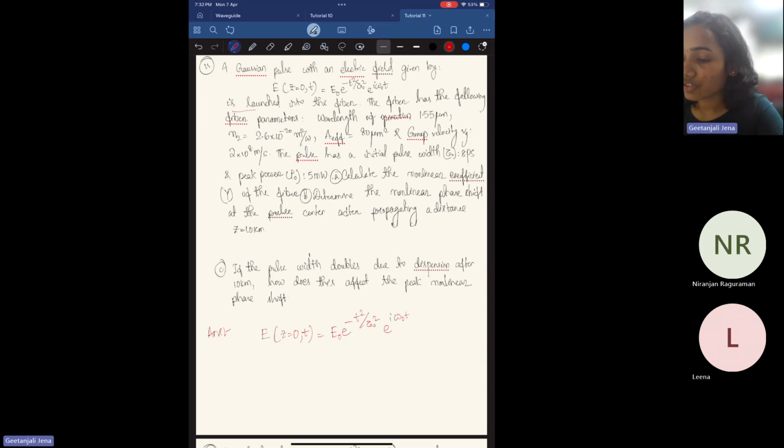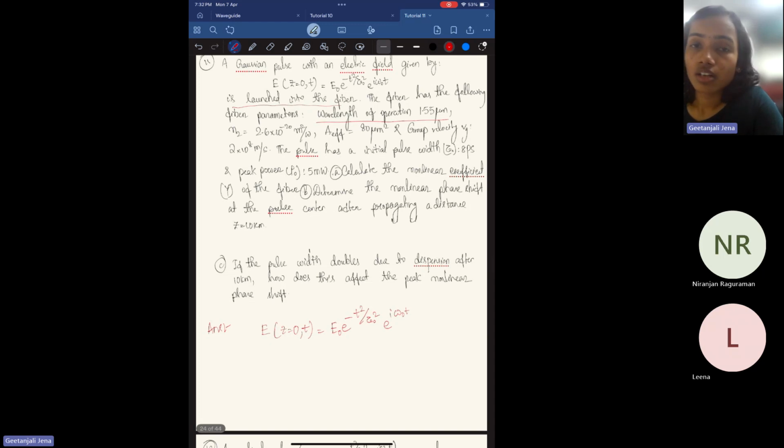It is launched into the fiber with the following fiber parameters. The wavelength of operation is around 1550 nanometers, which is the low-loss window of communication. So lambda is 1.55 micrometer.